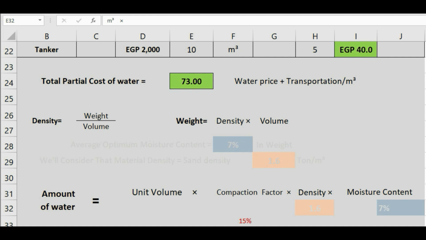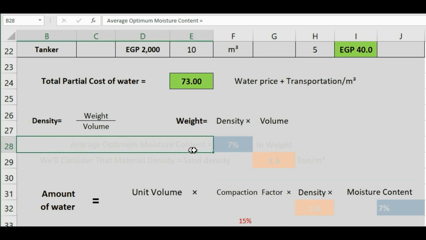We all know that density equals weight over volume. Consequently, weight will equal density multiply volume. The average optimum moisture content is about 7% in weight.